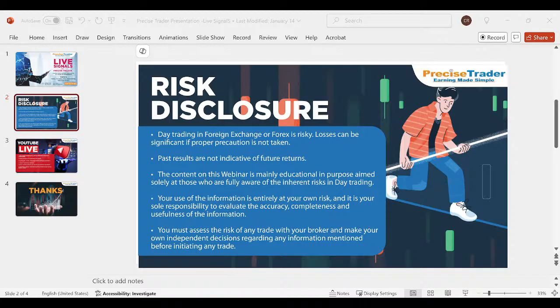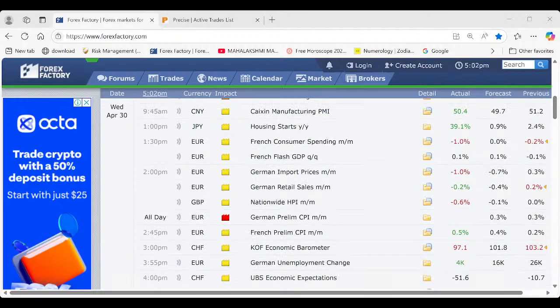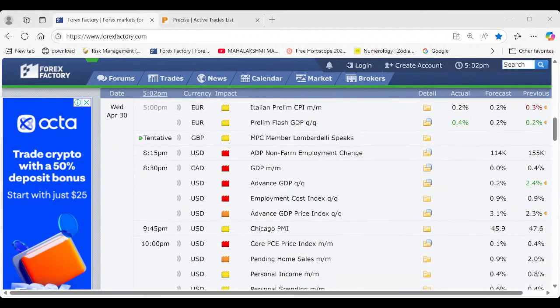So here we see the key data. The key data that is going to be out tonight is ADP non-farm employment change from the US, Canada GDP month on month, and US advanced GDP and employment cost index.